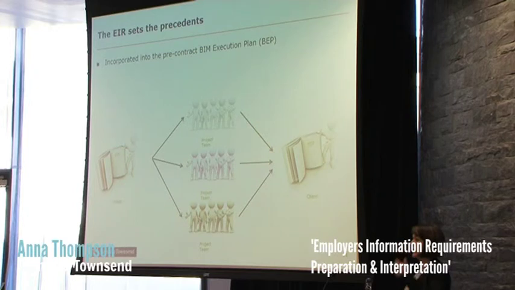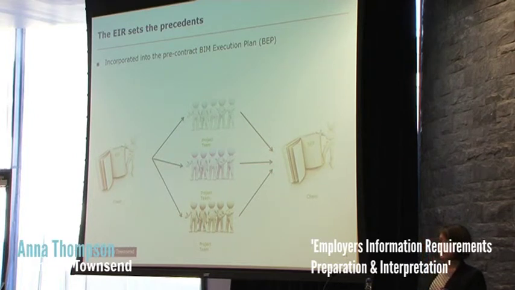It's taking what our objectives are and putting them into a process management methodology. The EIR informs the BIM execution plan. So that is why the EIR is important. Otherwise, people will produce BIM execution plans based on what they think the client means by BIM.